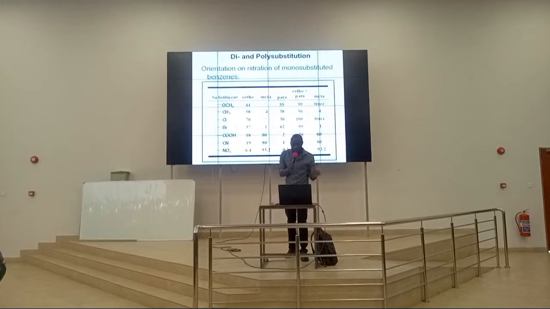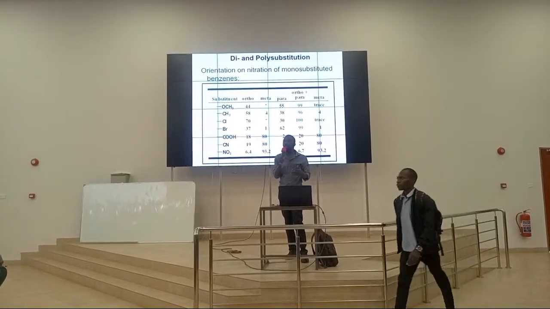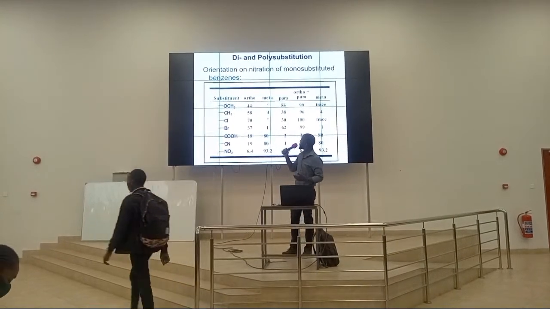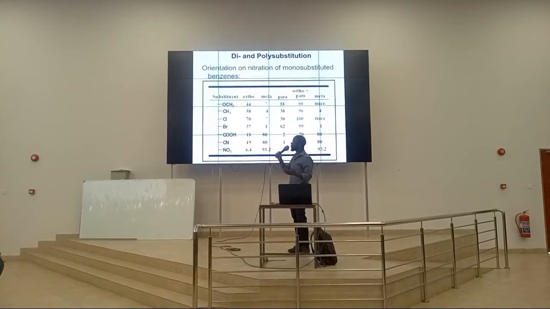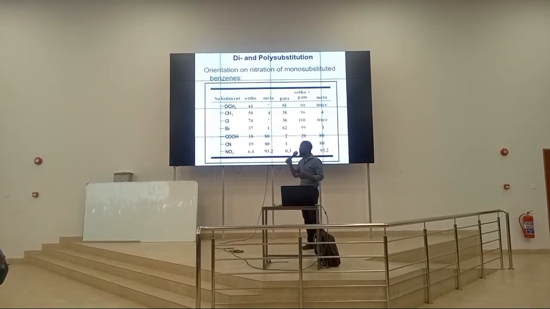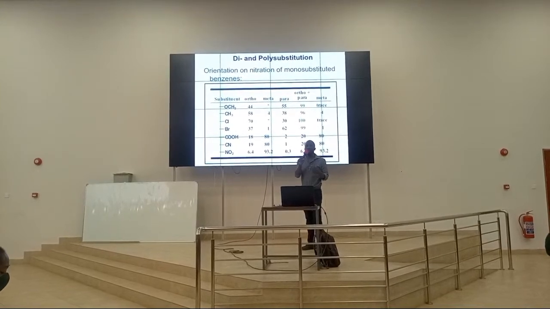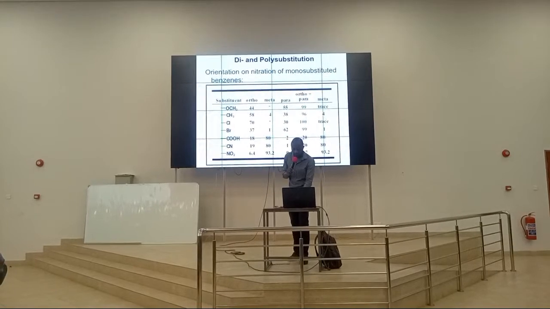So we are going to talk about these so that we can try to explain why the methoxy, methyl, chlorine, bromine will favor ortho-para substitution, while the carboxyl, cyano, and the nitro will favor meta-substitution for the incoming electrophile.